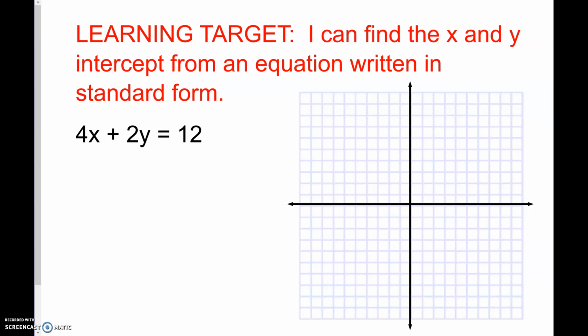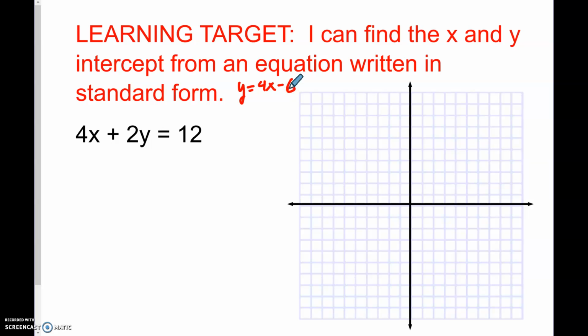So the first thing we need to do is talk about x and y intercepts. You can see that your learning target for today is I can find the x and y intercept from an equation written in standard form. You guys are very used to writing an equation like this: y equals 4x minus 6.